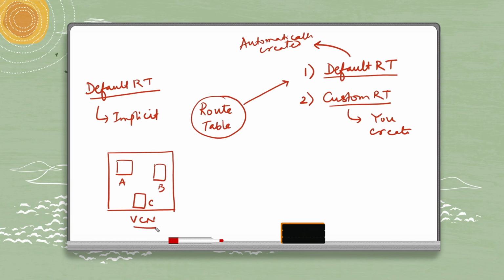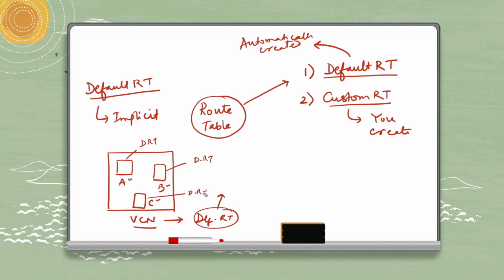I mentioned whenever you create a VCN, you are going to get this default route table, and this default route table will have a local rule. That means all these subnets are going to be associated with this default route table.